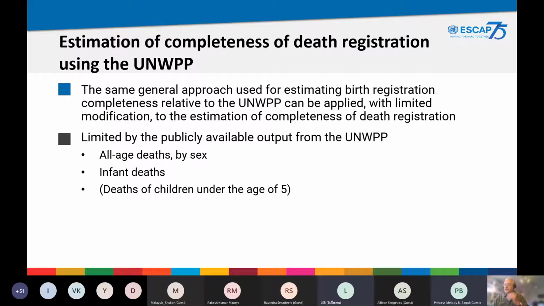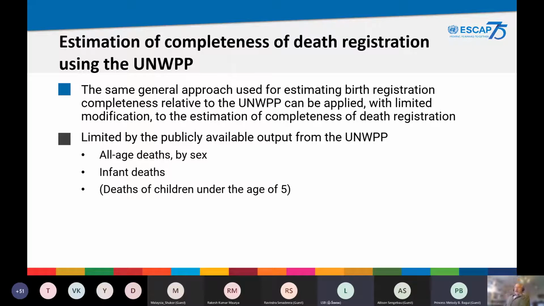I am truly apologetic. So the data from the UNWPP, which are publicly available on a calendar year basis, only include the deaths at all ages for males and females separately and for the total population. For infant deaths, both sexes combined, so we cannot analyze from the UNWPP the infant deaths of males and females, and there's no direct way in which we can separate out the infant deaths by sex from those data.